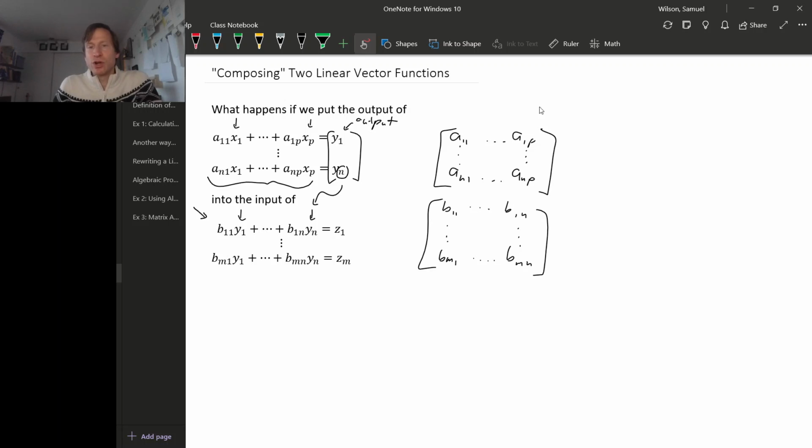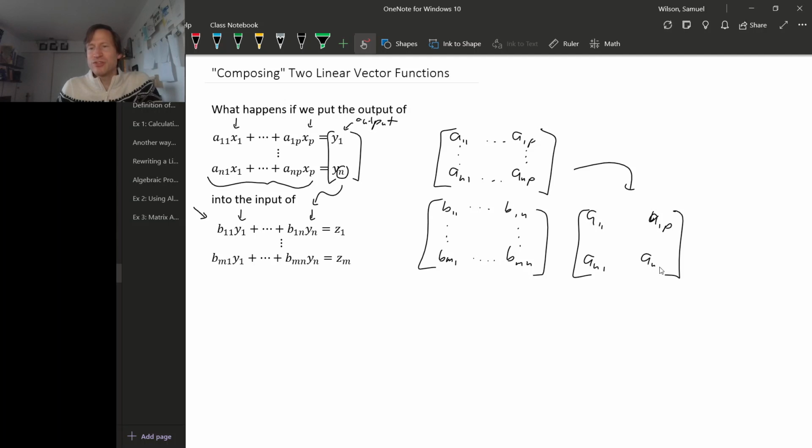Okay, so by doing composition of our vector functions, we're going to be defining some operation on these matrices. And I guess what we could do is just write them next to each other like this. So all our A's over here.